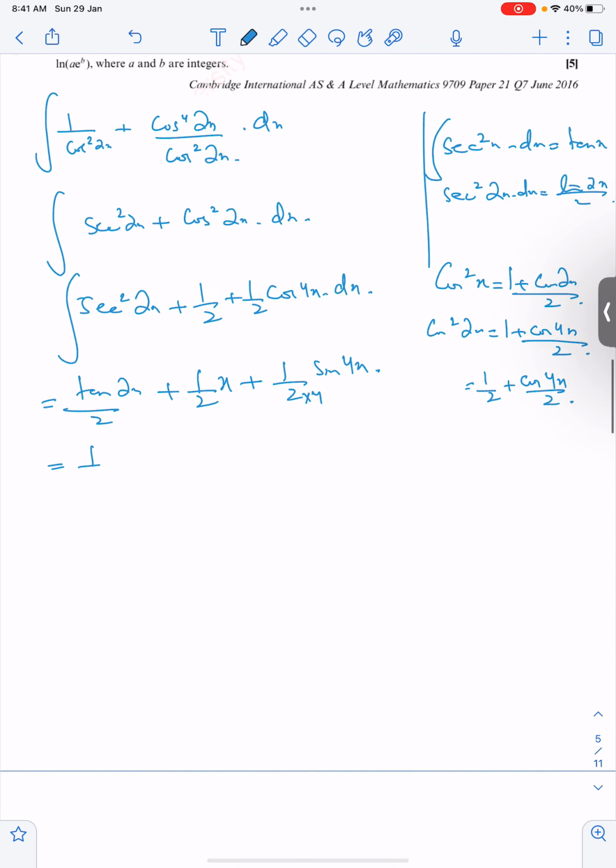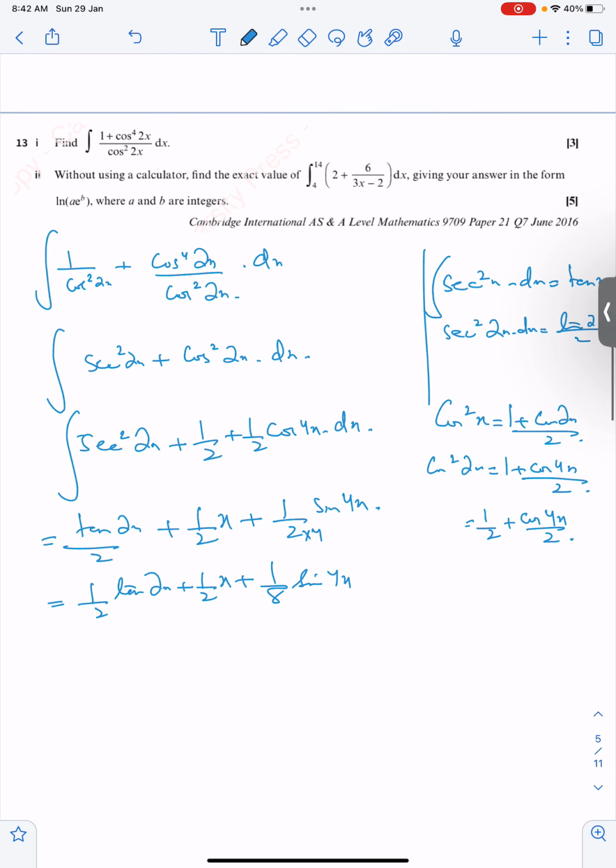So it's going to be half tan 2x plus half x plus 1 upon 8 sine of 4x plus c.